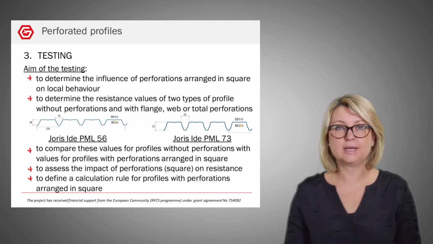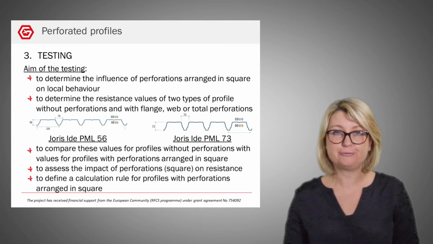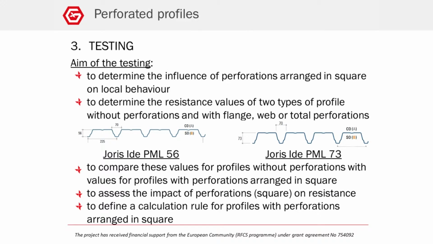Now, let's have a look at the extensive testing program performed within the GRISP project. The first aim was to determine the influence of perforations arranged in squares on local behavior. The second aim was to determine the resistance values of tested profiles that we can see on the pictures. The tests were performed on profiles without perforations and on profiles with flange, web, or total perforations arranged in squares.